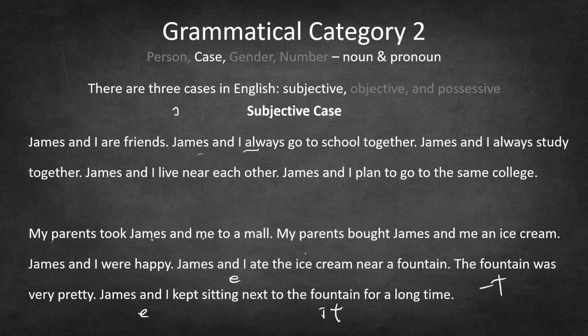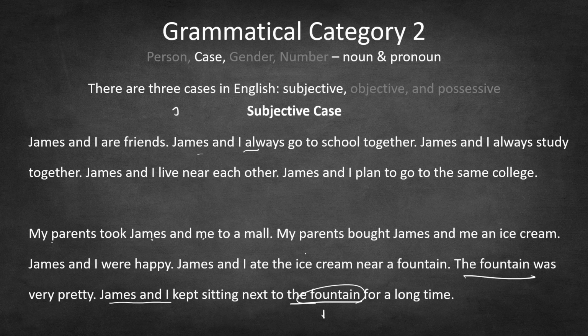They bought us an ice cream. James and I were happy. What do you say? Okay, we were happy. We ate the ice cream near a fountain. The fountain again, so we say it was very pretty. We kept sitting next to the fountain for a long time.